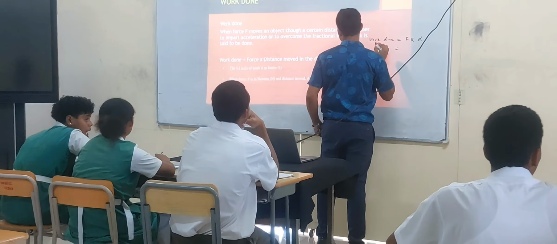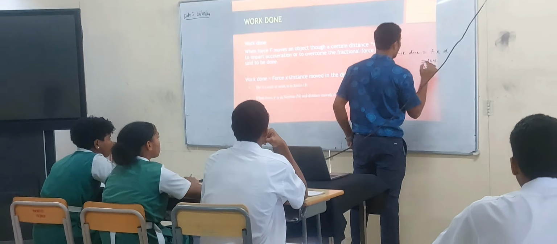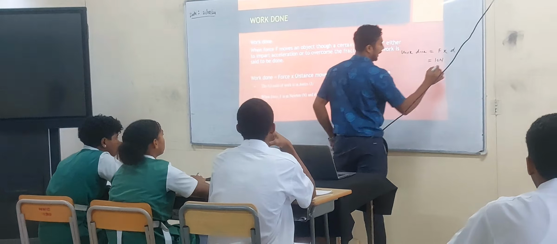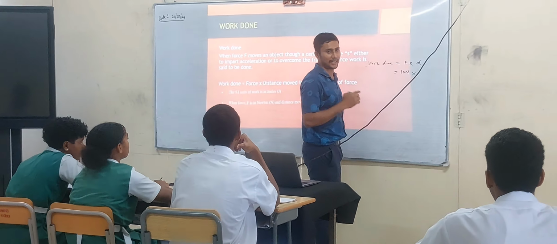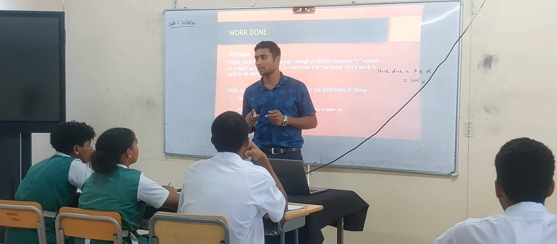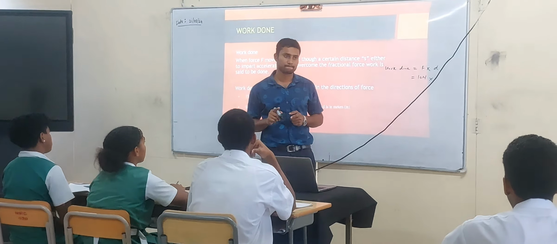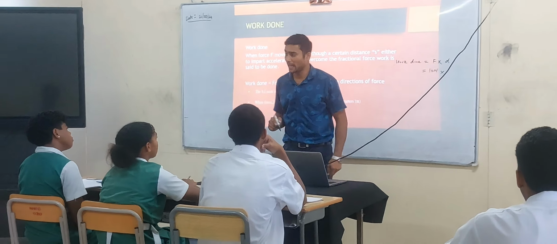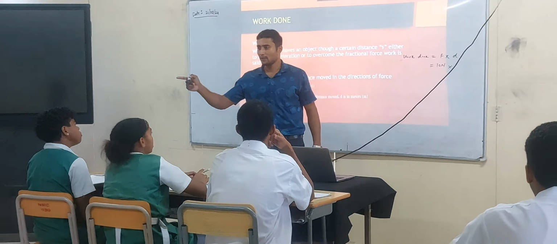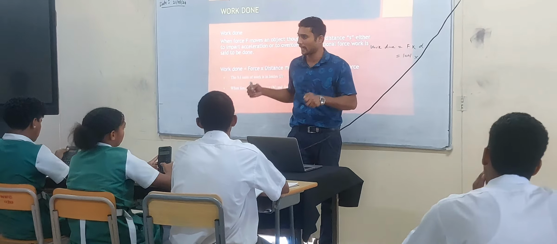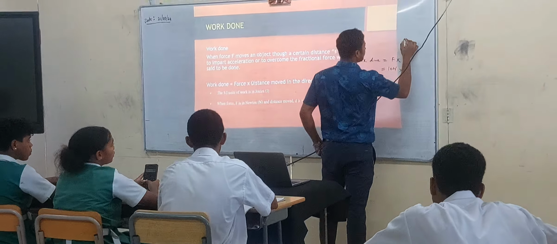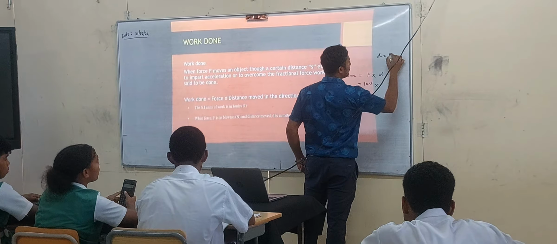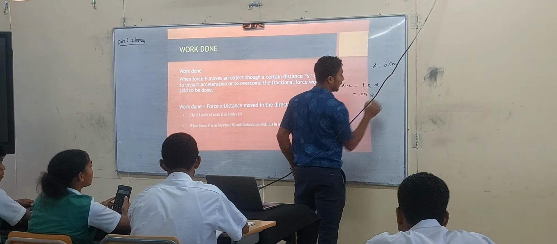So force, say you have a force of 10 newtons, and then displacement, let's say that particular box has been shifted. Let's say he applied a force of 10 newtons on that particular chair, and the distance the chair traveled while being lifted was, let's say, 0.5 meter.